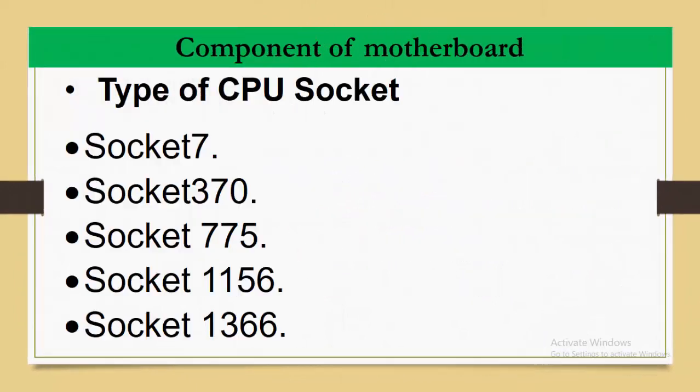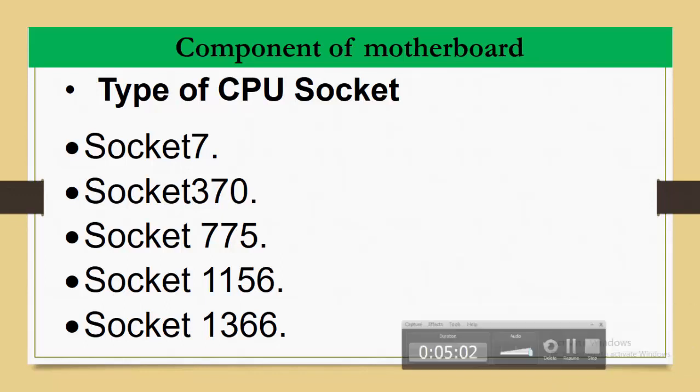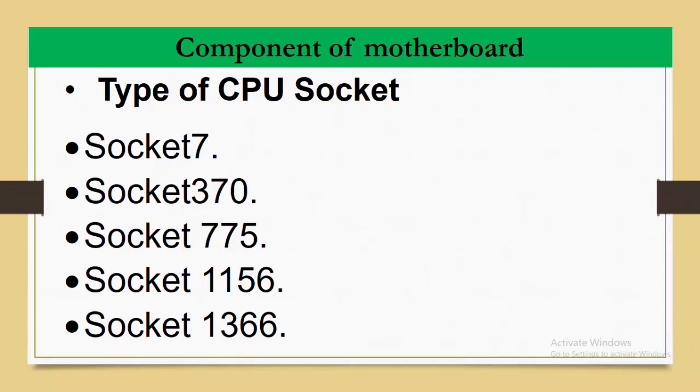Okay, as I said, socket 7. It's a 321 pin socket that supports older processors like Intel Pentium 1, 2, MMX, AMD K5, AMD K6, and Cyrix M2. Okay, the next one is, as you see, socket 370.